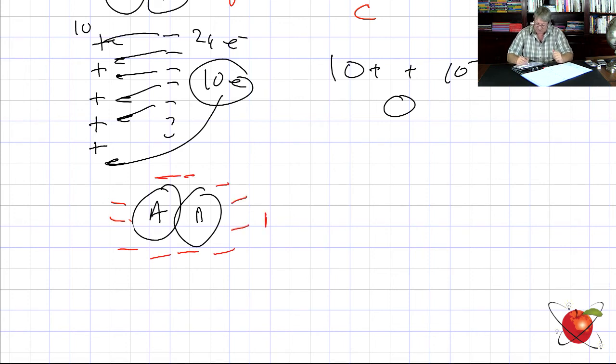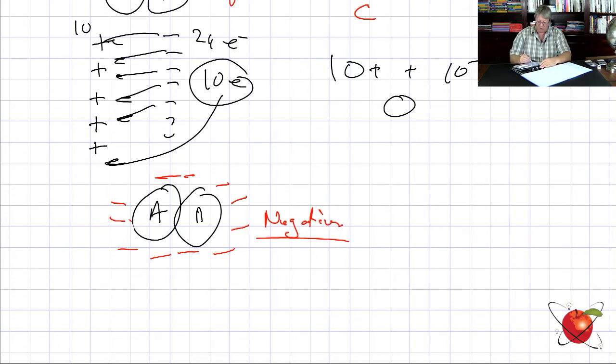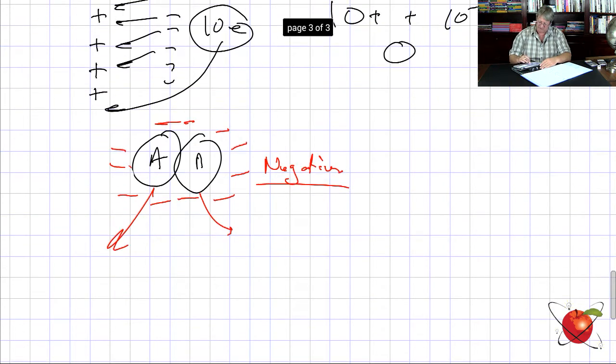Because they're negatives, so they try and get as far away from each other as they can. So they go to the sides. They spread out as far as they can from each other, and they sit on the surface, right? Because that's the furthest they can be away from each other. Then what happens is we move them away from each other. All right? So what are we left with now?